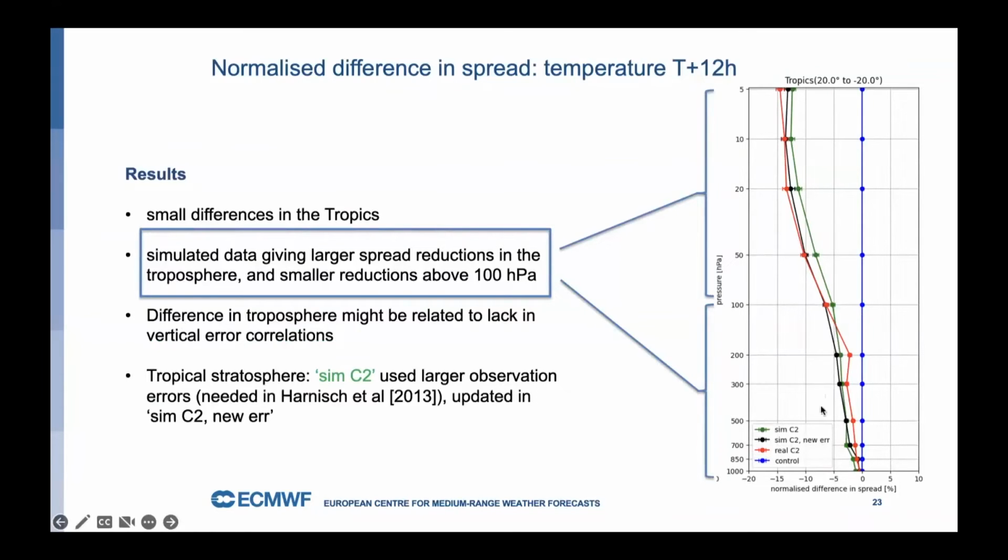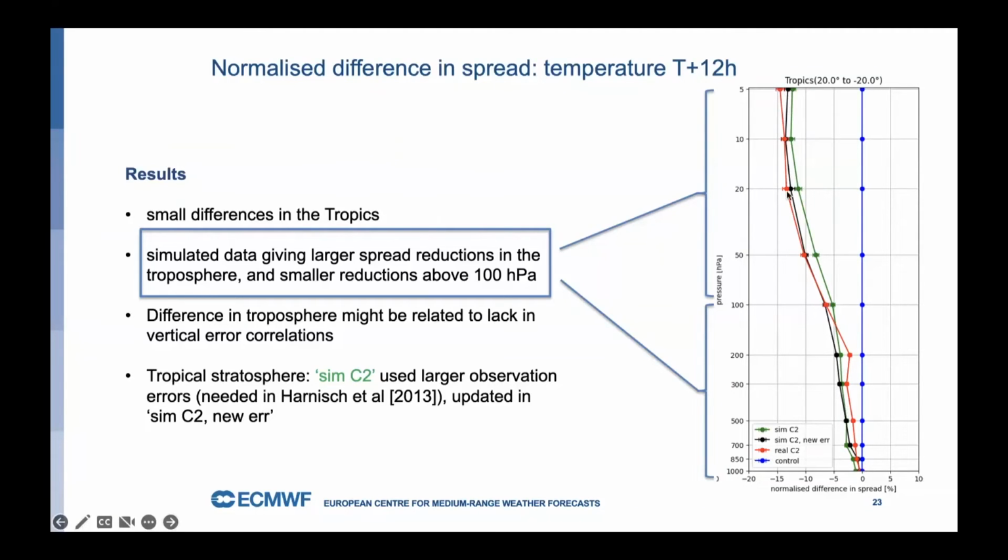It's again the normalized difference in temperature spread displayed here as a function of pressure. The blue one is the control EDA, and then the other colors refer to when we add Cosmic 2 data. In red is the one with the real data, and the other two colors are simulated data with different observation errors added.